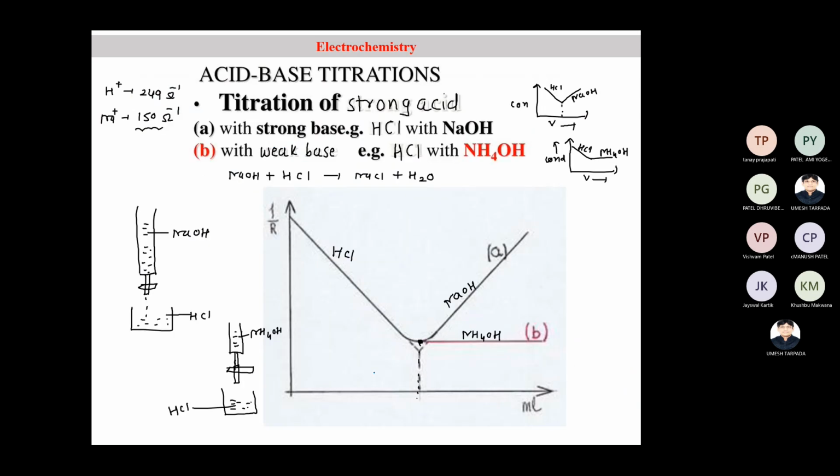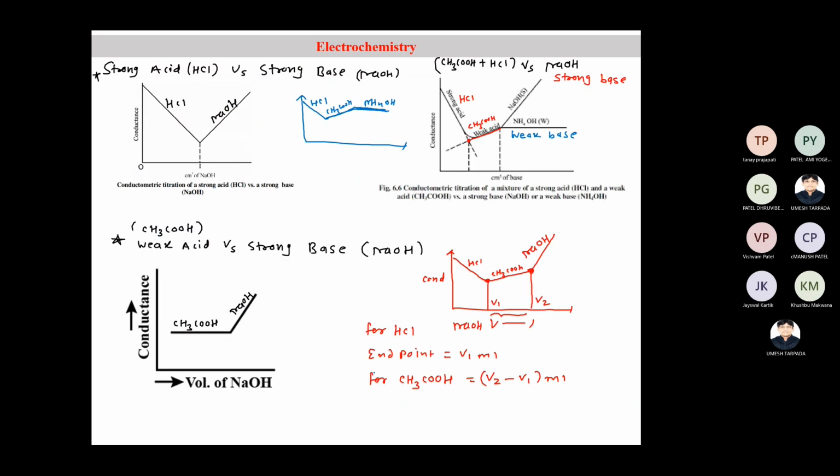So this is all the kind of nature of plots possible in conductometric titration, which are very, very important: strong acid versus strong base, weak acid versus strong base, mixture of acids versus strong base, strong acid versus weak base, and weak acid versus weak base.